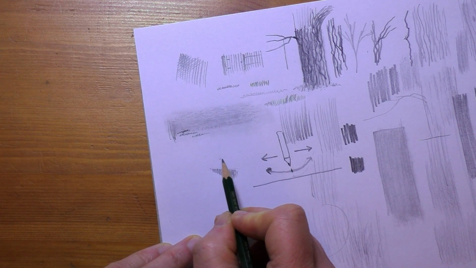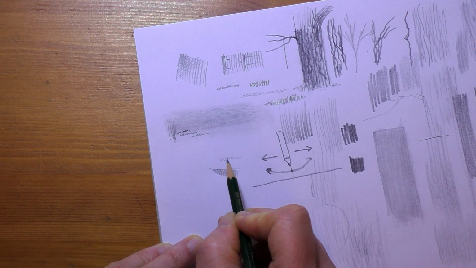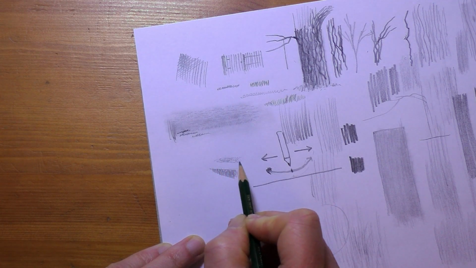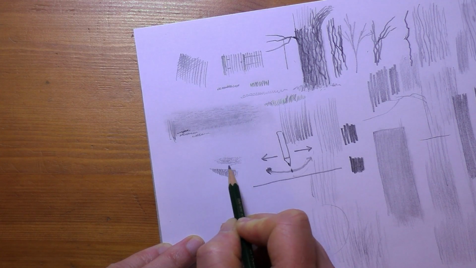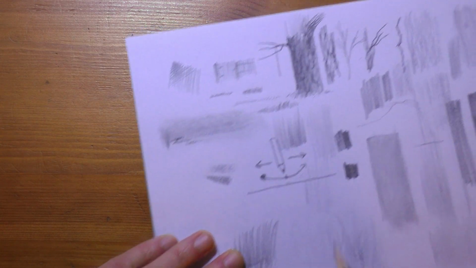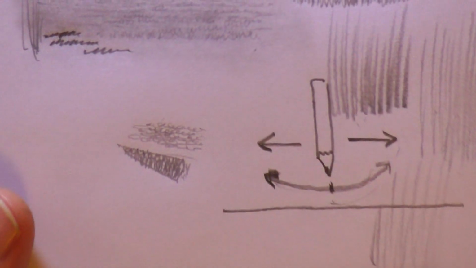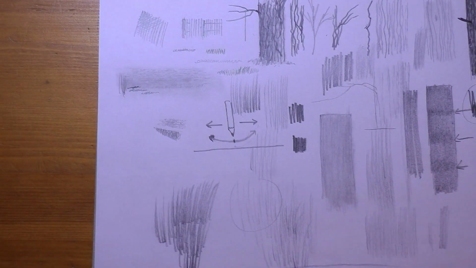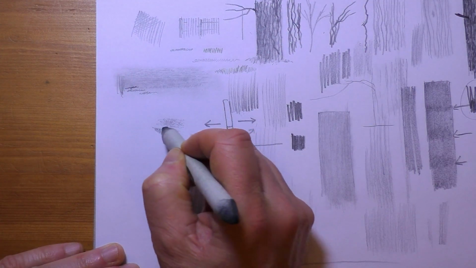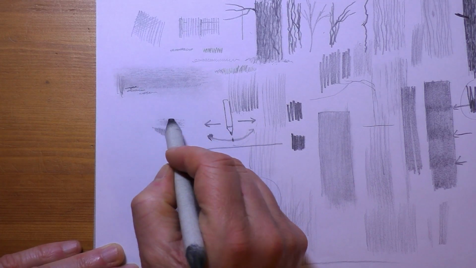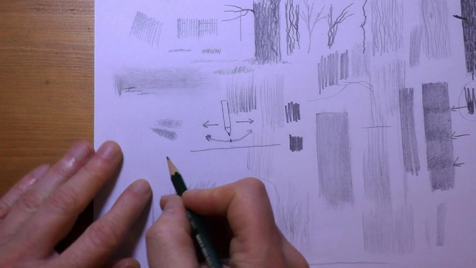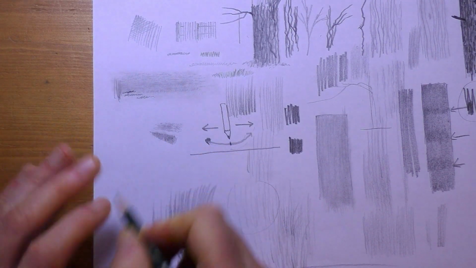Now if I do the circular method right next to it, hold that close for you, you can see the subtle difference there in texture. Now that looks very crude, I know it does, but remember this was tapped over, it was gone over the top of a layer of graphite in the first place, and then I've reworked back into that area again to get a few darker tones.